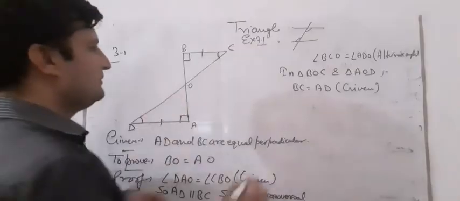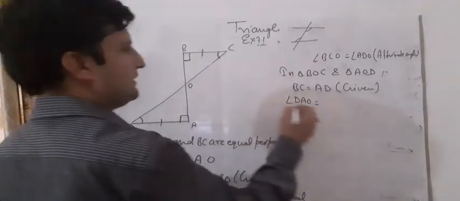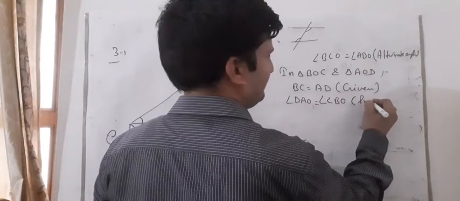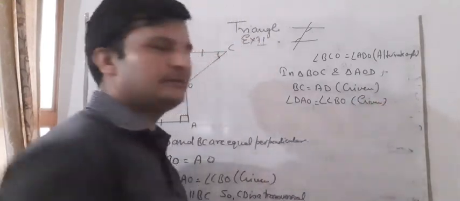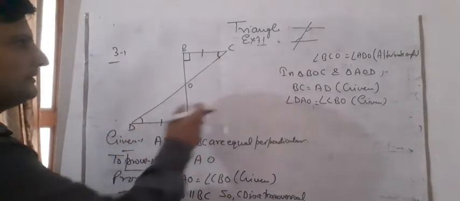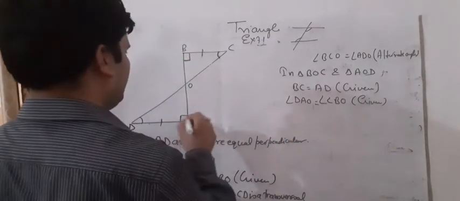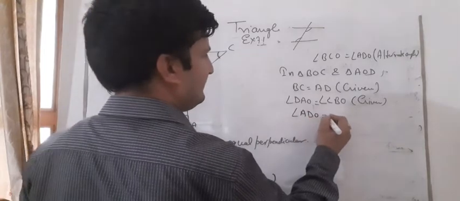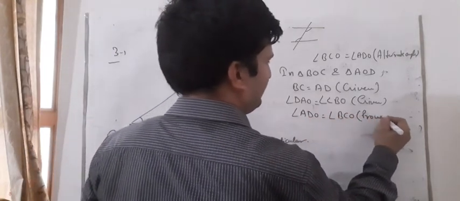Angle DAO is equal to angle CBO, given. It is also given, student. And we have proved that angle ADO is equal to angle BCO, proved above.